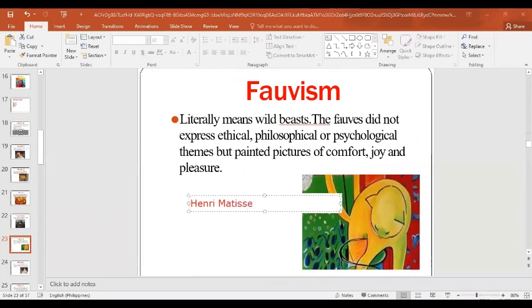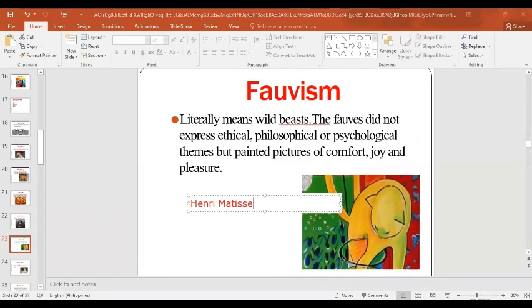Fauvism literally means wild beast. The Fauves did not express ethical, philosophical, or psychological themes, but painted pictures of comfort, joy, and also pleasure.